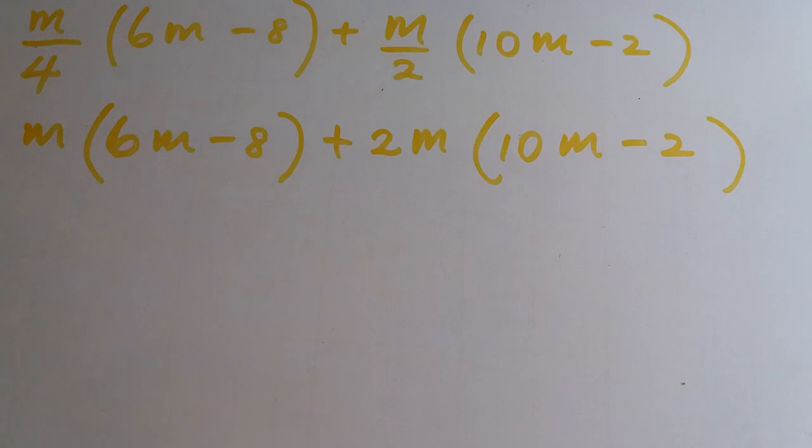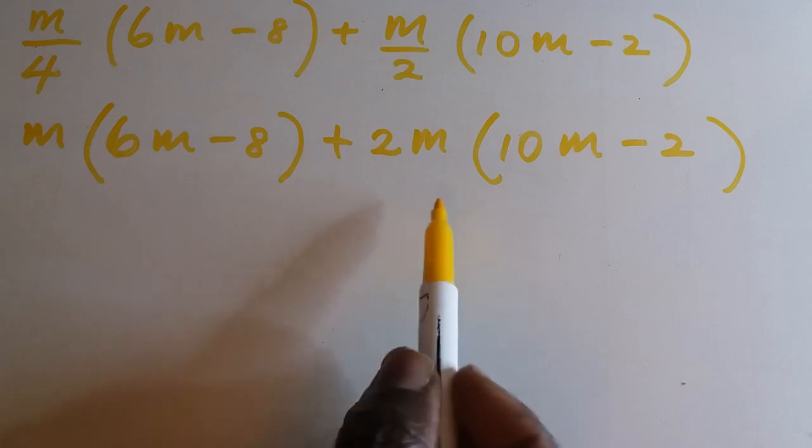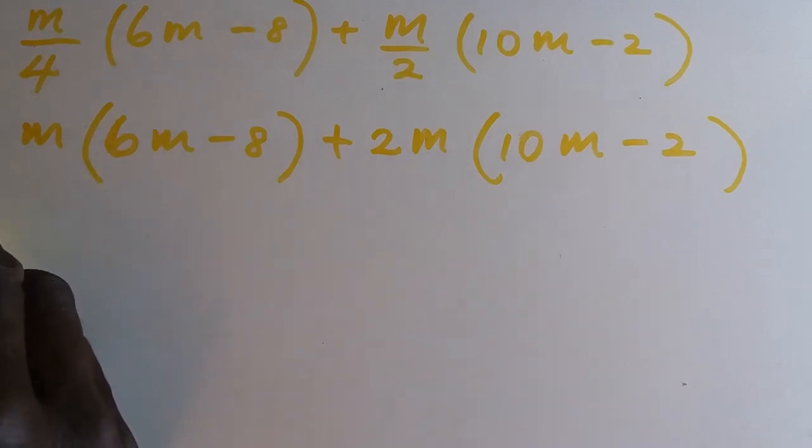We check that, so a quarter of 4 is 1, so we just have m, and a half of 4m is actually 2m. Now we can clear the brackets.